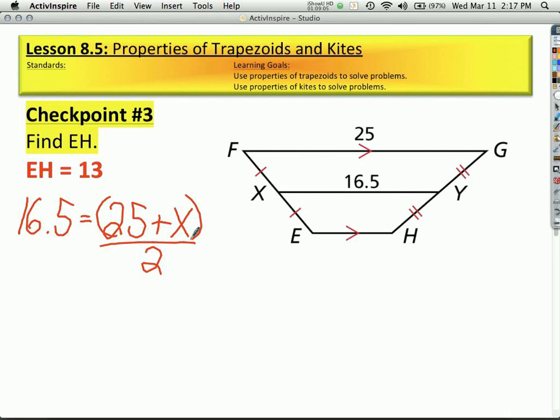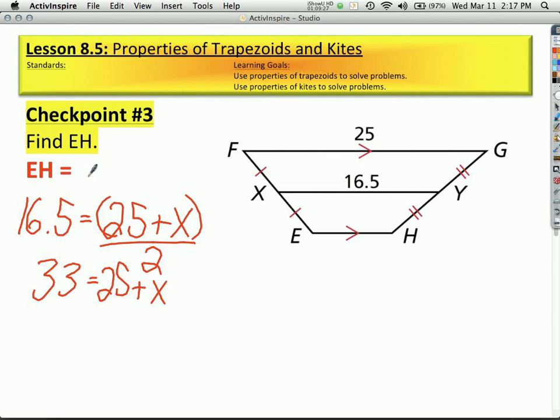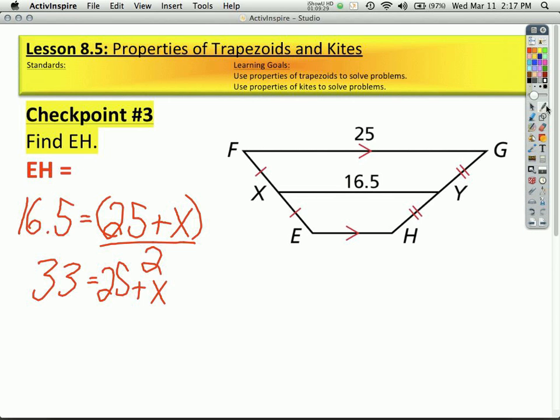Okay, so I can multiply that by 2, so that's 33. 33 equals 25 plus x, so x clearly is 8. So clearly that's incorrect. I apologize for that mistake. Thank you for correcting me.